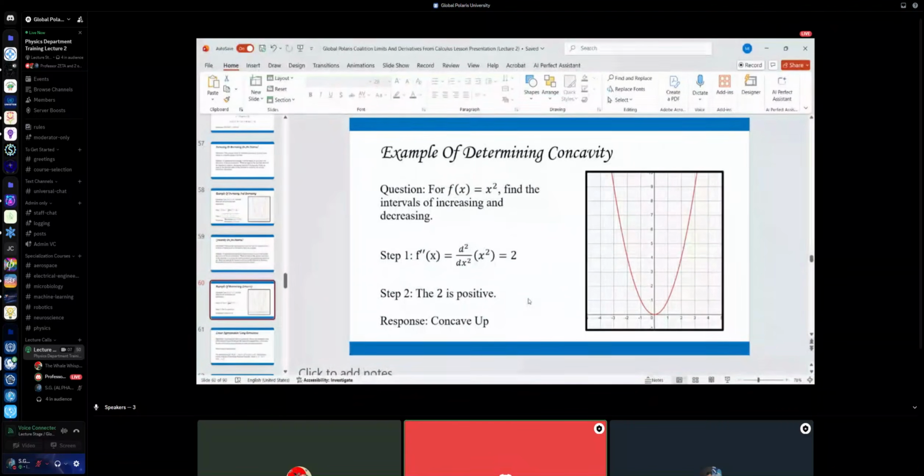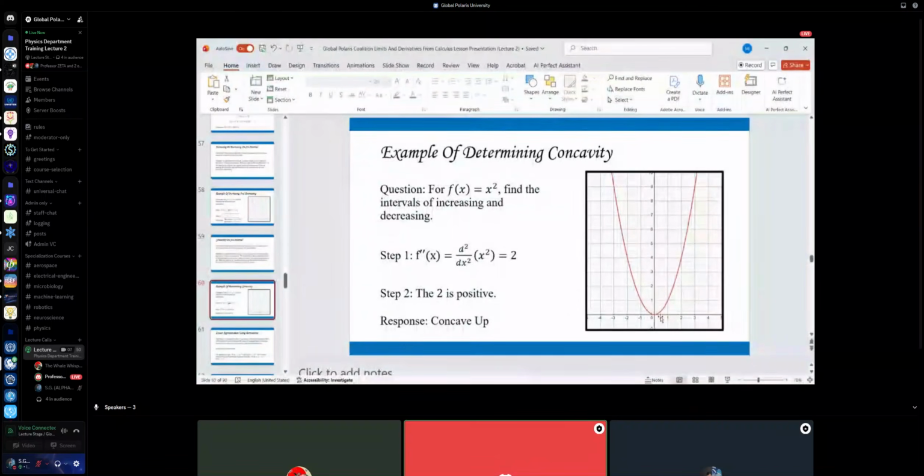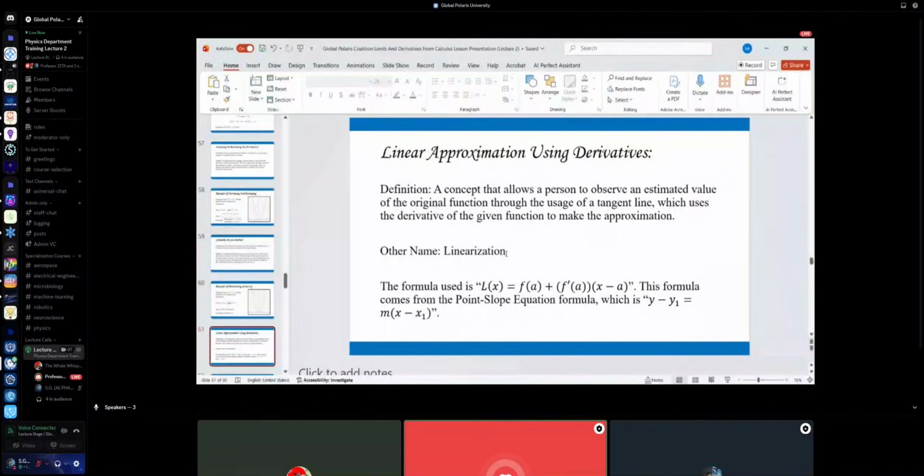Given this example, we are going to use x squared again. If we take the second derivative, we get 2 only. Showing that 2 is positive, it's concave up, because any value we place gives positive 2. That is basically what's happening over here.